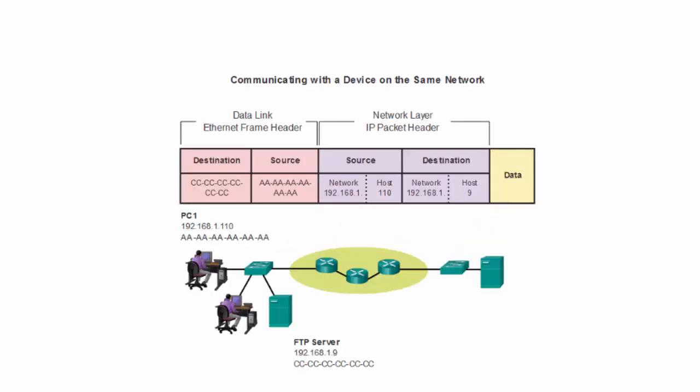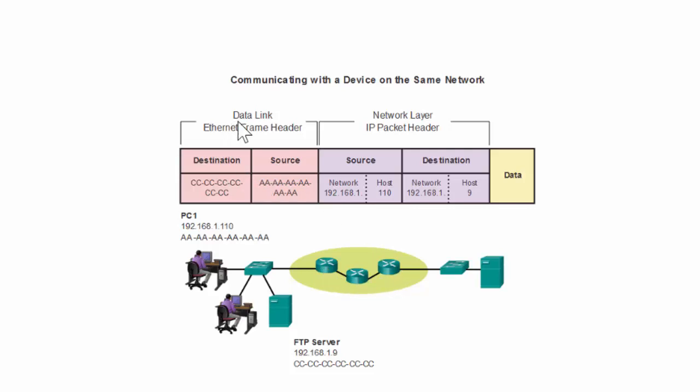Okay, so to understand how communication is successful in the network, it's important to understand the roles of both the network layer address and the data link layer address. So again, as we said, the network layer address defines the source and destination IP addresses, which will then be used by the routers to make sure that the packet is transferred across different networks.